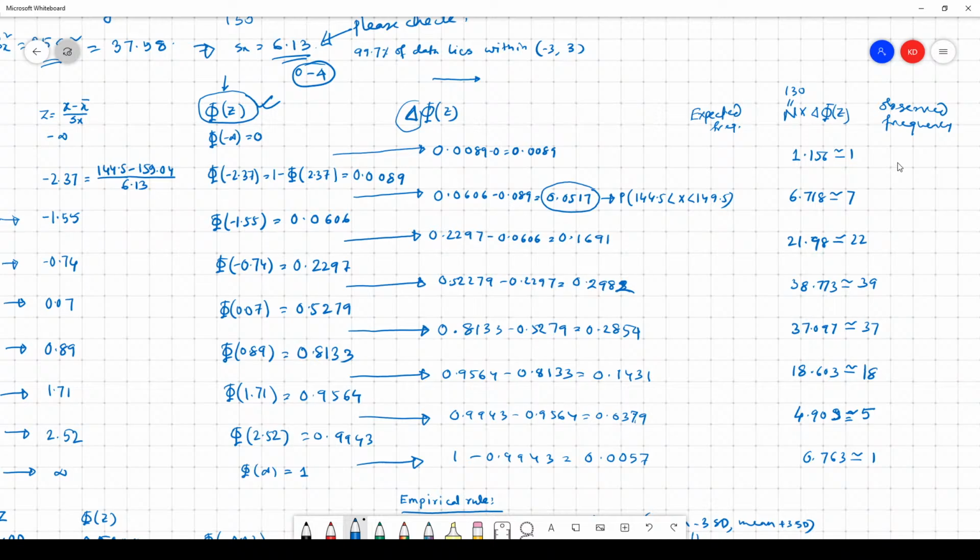The observed frequency is 2, 5, 20, 42, 39, 17, 4, 1.